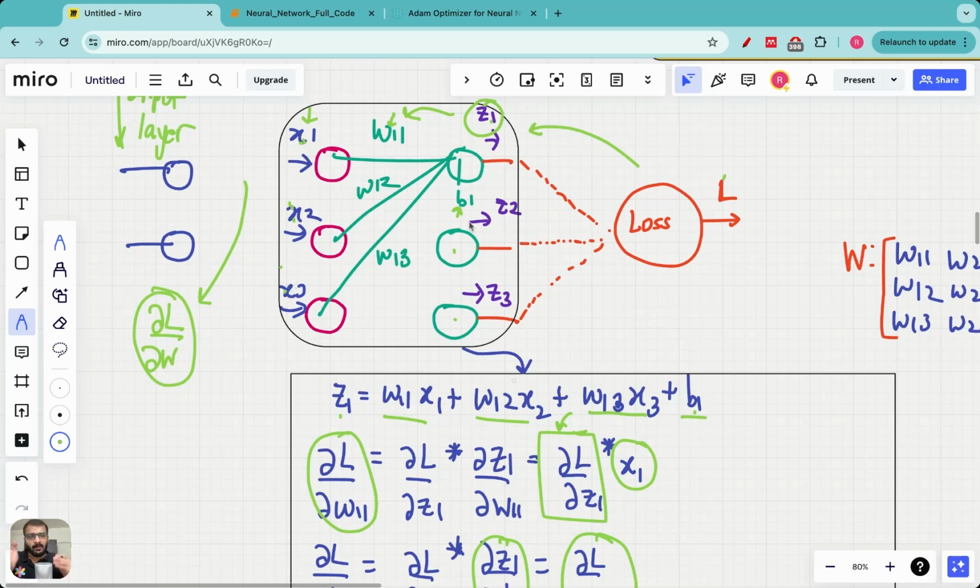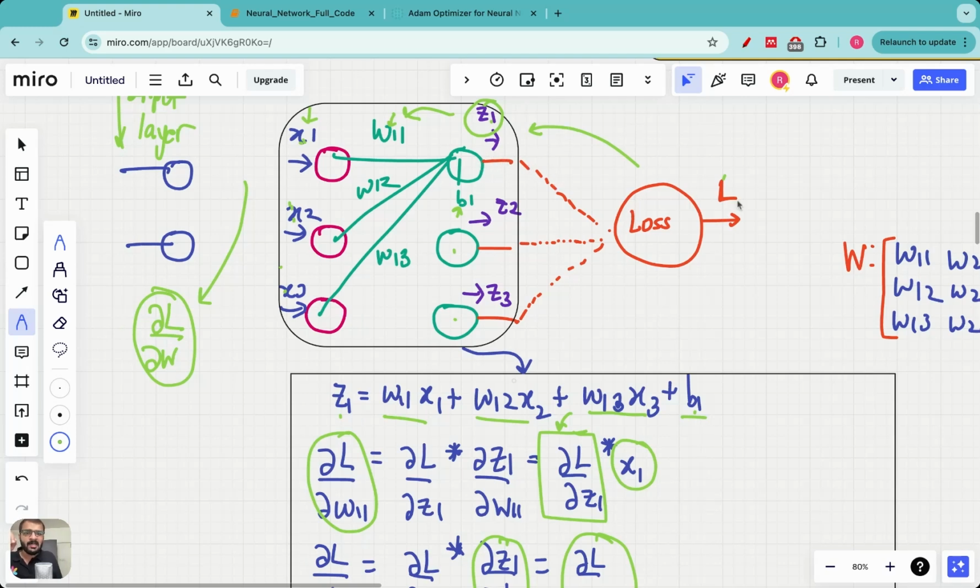So whenever we look at a layer, it's also very important to find the partial derivative of loss with respect to its inputs, because that will help us find the gradients with respect to the weights and biases of the previous layer. Remember that ultimately only weights and biases are going to be updated, so in that sense we only need the gradients of the loss with respect to weights and biases. But to find those gradients for one layer, we need to know the gradient with respect to that layer's output.